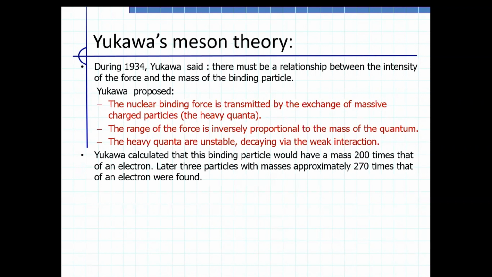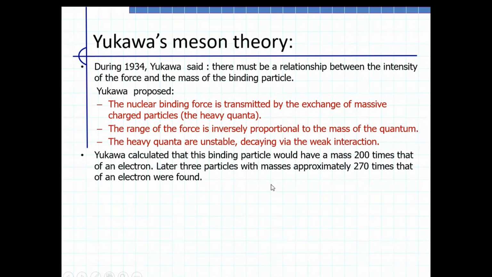So Yukawa went on proposing that the nuclear binding force is transmitted by exchange of some massive charged particles or heavy quanta. So the range of the force is inversely proportional to the mass of the quantum. And the heavy quanta are unstable and they decay through weak interaction. Then Yukawa went on calculating this binding particle that will have a mass about 200 times that of the electron.